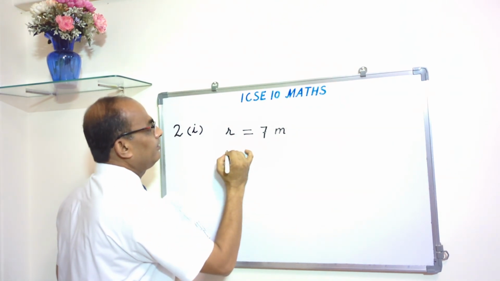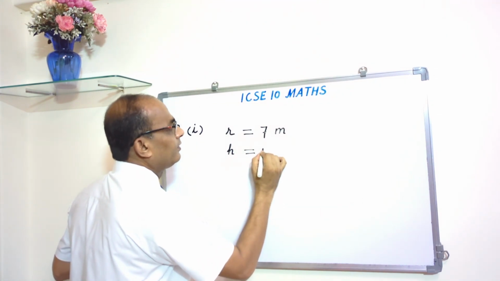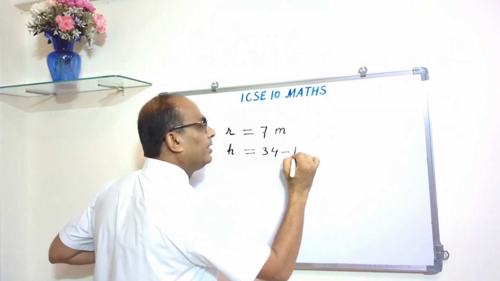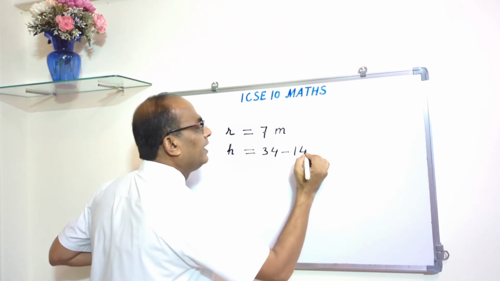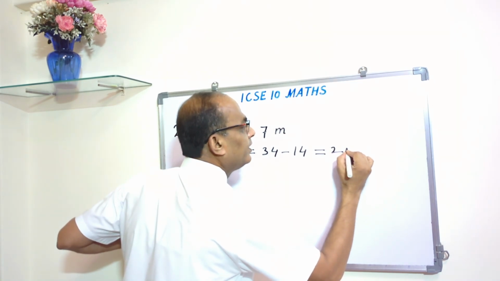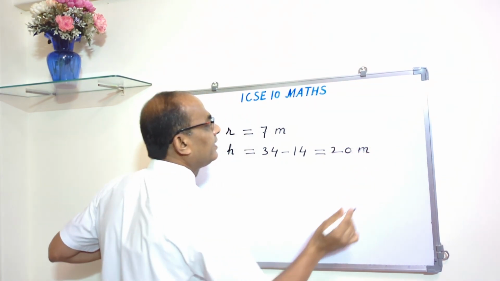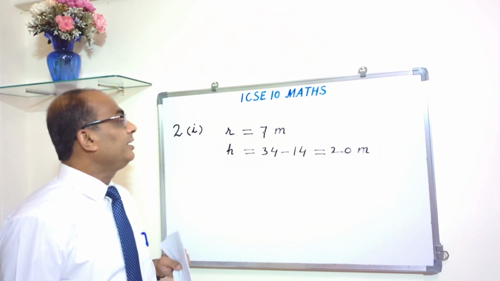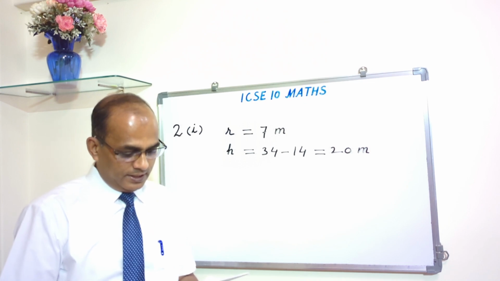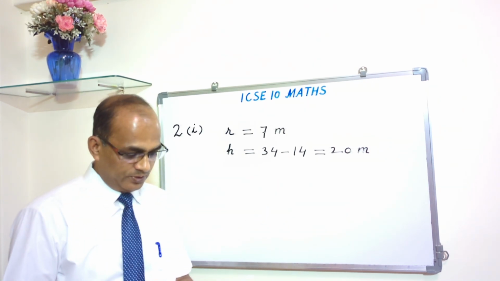So H is equal to 34 minus 14, and this gives you 20 meter. So 20 meters is the height of the cylinder. Alright, so H we know, R we know. Subtraction also we have shown.